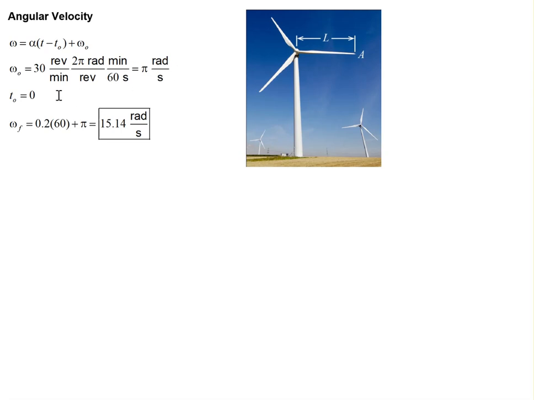And then initially, the time is 0. And in the final state, the time is 60 seconds or 1 minute. So I'm going to apply this equation at the final state and get that the angular speed at 1 minute is 15.14 radians per second.